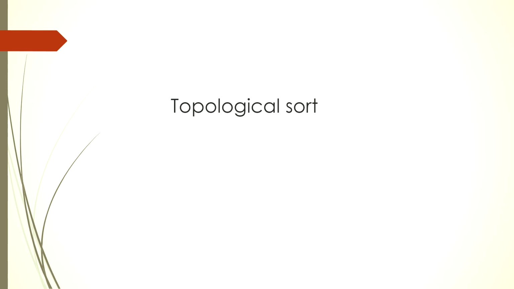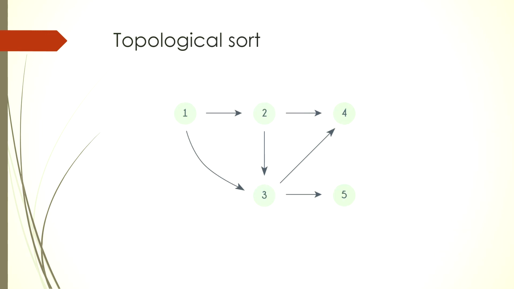Next, we're talking about topological sort. Topological sort: sorting the vertices of a directed acyclic graph in an ordering of the vertices V1, V2, ..., Vn in such a way that if there is an edge directed from vertex Vi to Vj, then Vi comes before Vj.